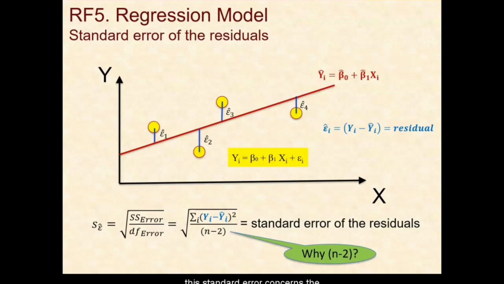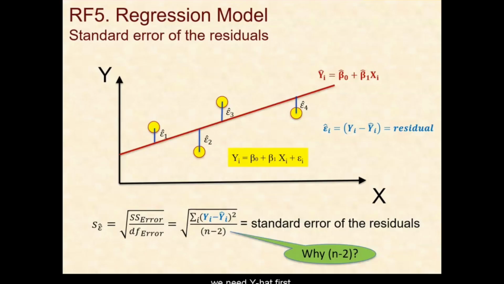Second, another point to make about this standard error concerns the degrees of freedom. Why are the degrees of freedom for the calculation of this variance of the residuals in the simple linear regression case equal to n minus 2? The reason goes back to what the degrees of freedom represent, namely the number of independent pieces of information that enter the calculation. We start with n observations in our sample, but in order to calculate SS error, we need y hat first.